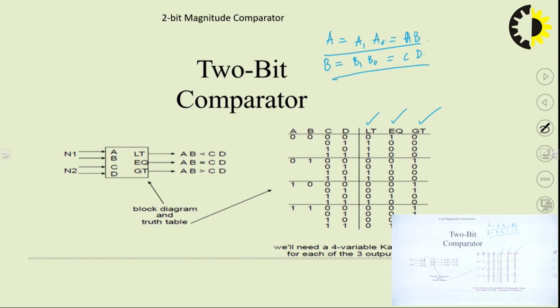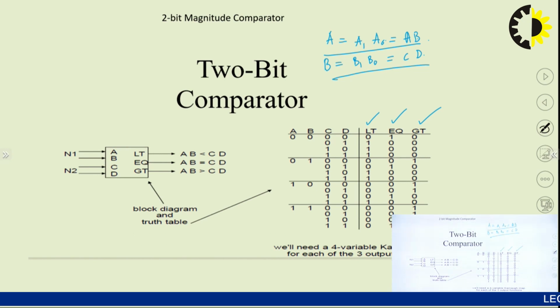AB is less than CD, AB is greater than CD, and AB is equal to CD. So all the three outputs we have written.